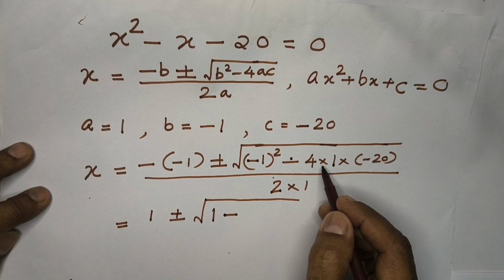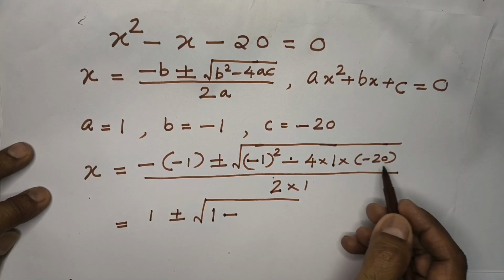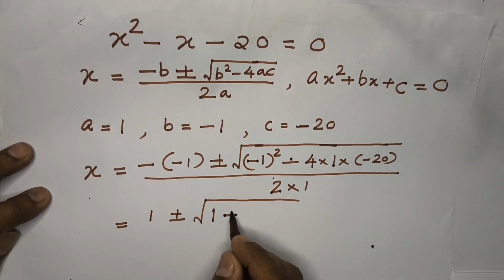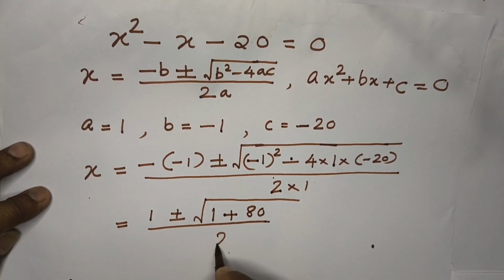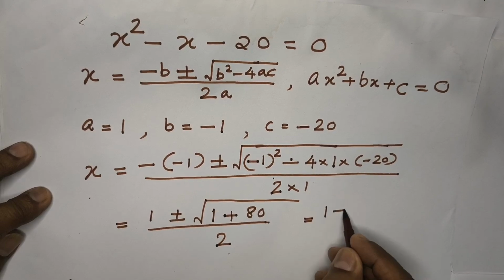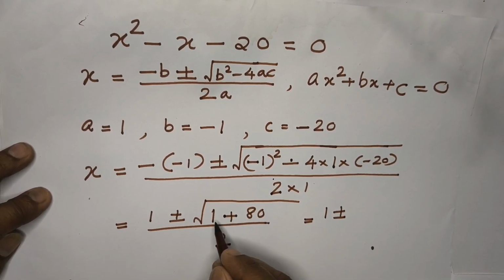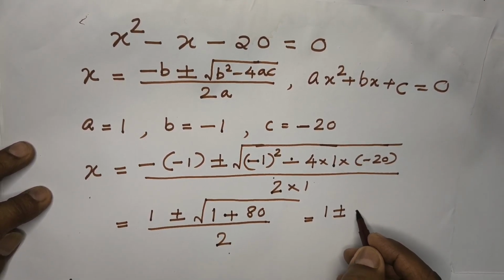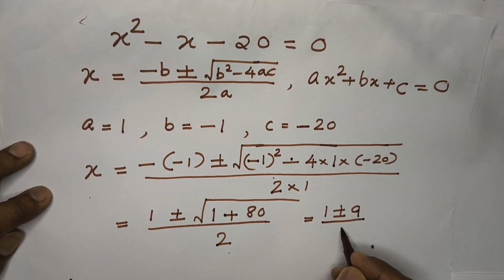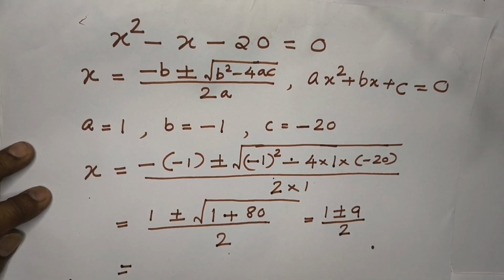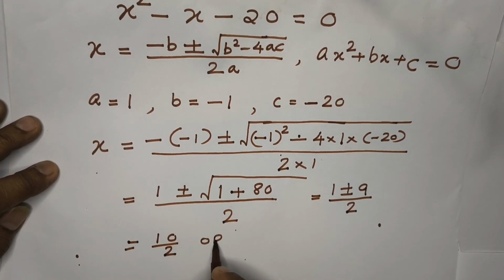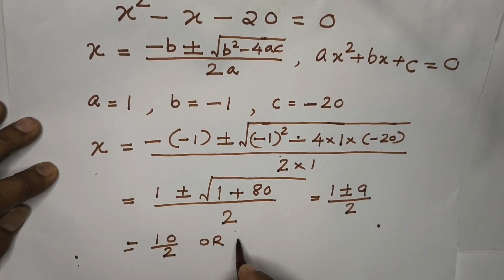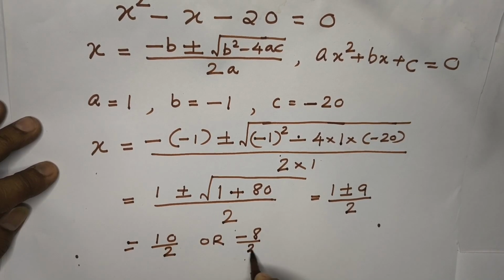See, here when you multiply 4 into 1 into 20, that's 80. Minus minus will be plus. So you will be writing plus 80, rather, by 2 into 1. This is 81. And square root of 81 is 9. So you have this. That's equal to 1 plus 9, which is 10, divided by 2, or 1 minus 9, which is minus 8, by 2.